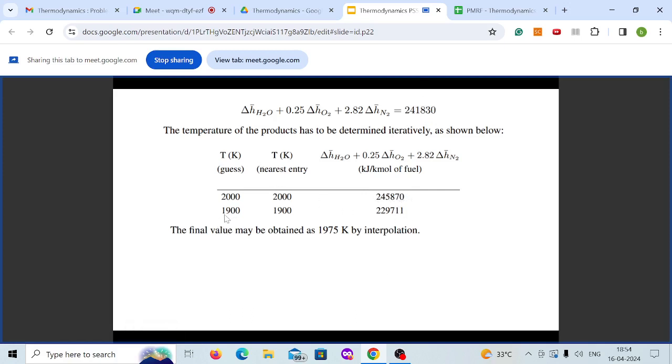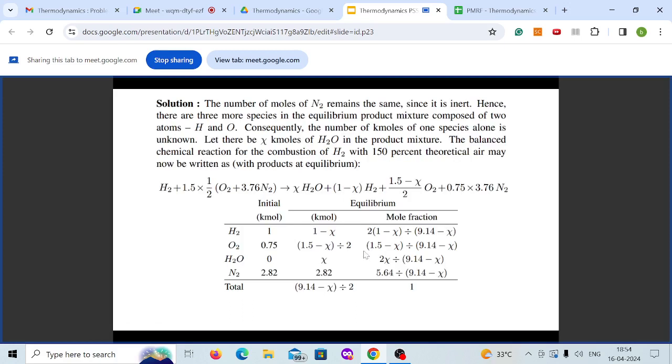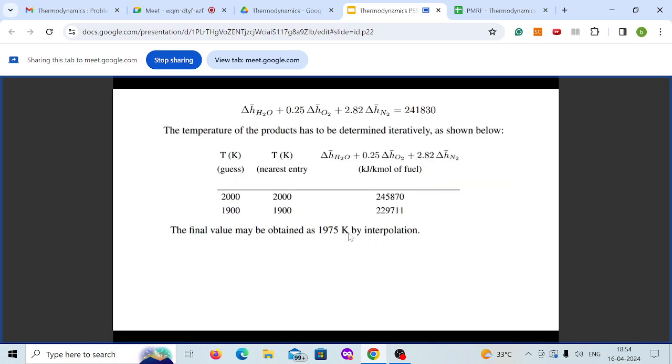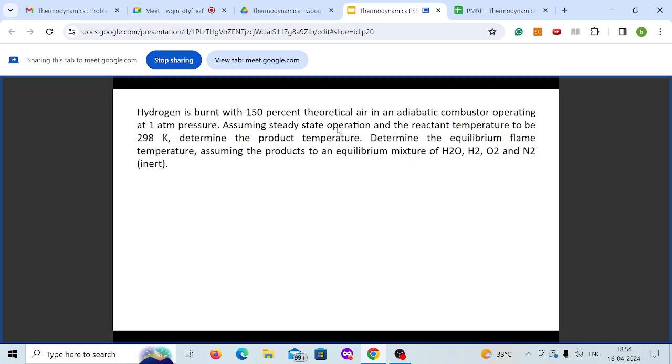For 1900 it is 229,711, which is less than the actual value. So the temperature should lie between 2000 and 1900. When we interpolate, we find that the temperature of the product is 1975 Kelvin. So this is the adiabatic flame temperature or the product temperature.